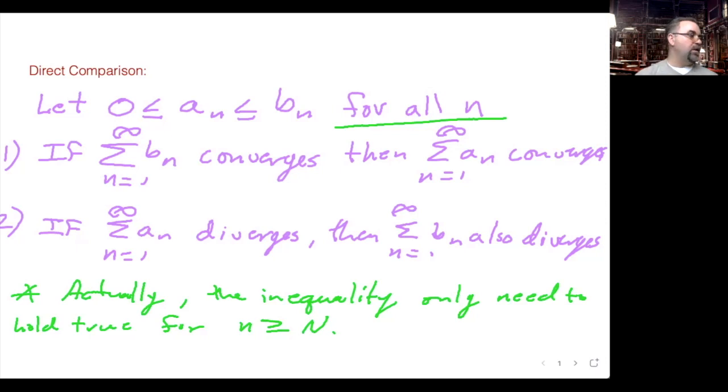Eventually, what we need to see is that our b sub n is greater than our a sub n. And then we can use either 1 or 2, depending on what we're trying to prove. It does not need to be true for all n. I just point that out because it's really important that we don't really care about the first couple terms.